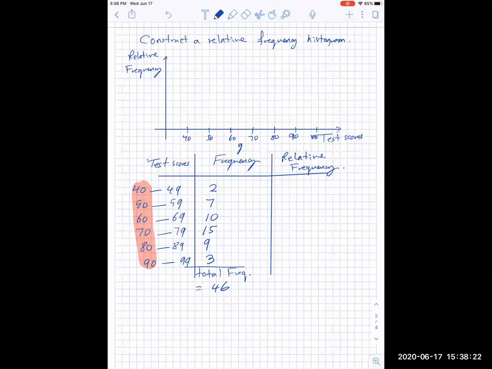Okay. So now the first, and I'm gonna put my results here in percent form.